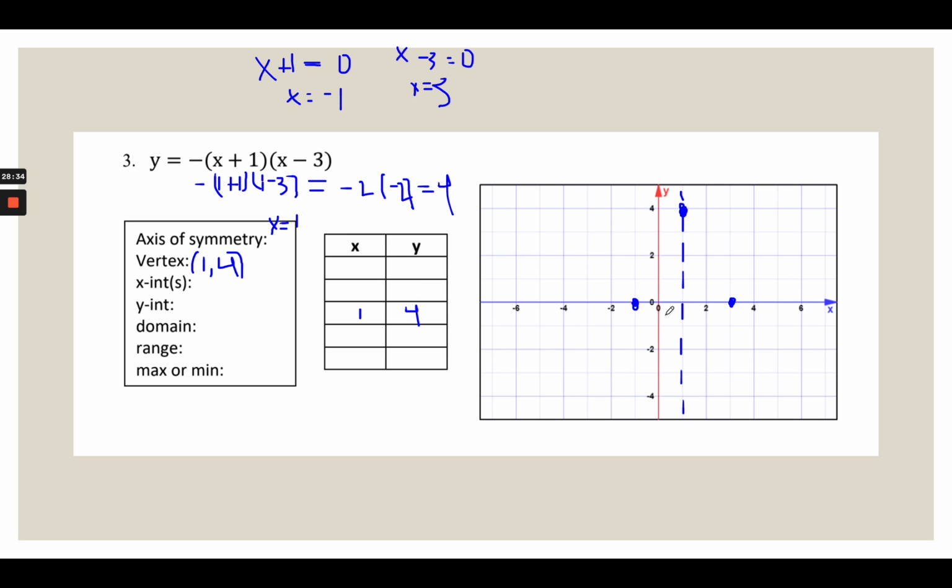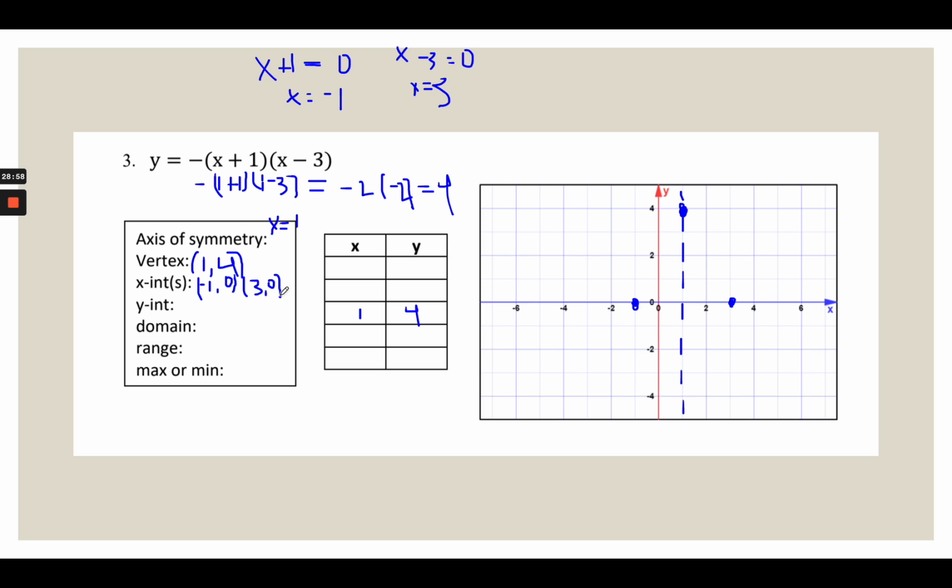Our x-intercepts, we already found them when we solved for x up here. So we have an x-intercept at (-1, 0) and an x-intercept at (3, 0). Okay, now we need to find our y-intercept.